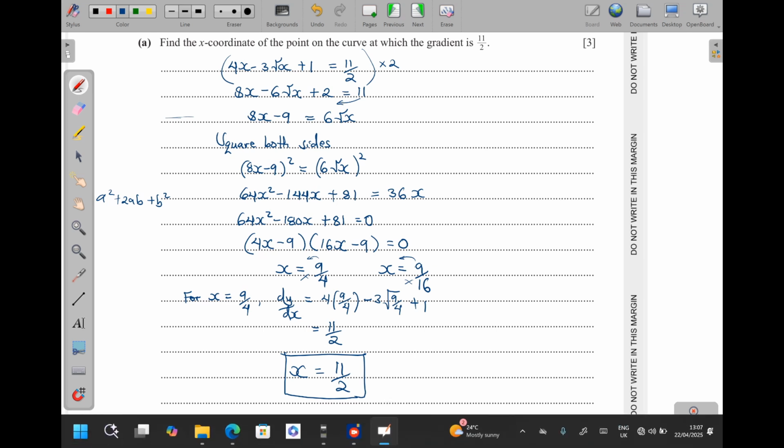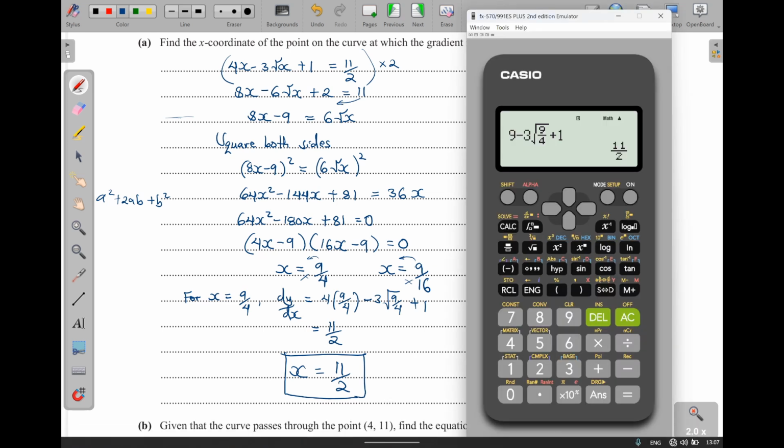If we check this other one here, we have 4 into the x-coordinate 9 over 16, close the brackets, then minus 3 times the square root of 9 over 16, and then plus 1. When you put that in, you are getting 1. So that means this answer here, 9 over 16, is wrong.